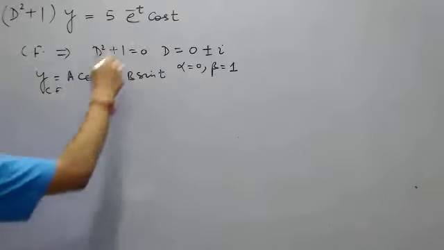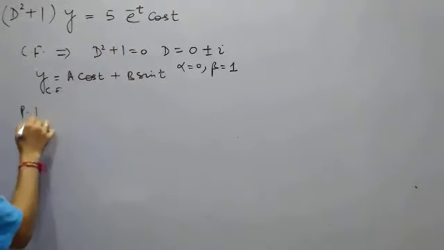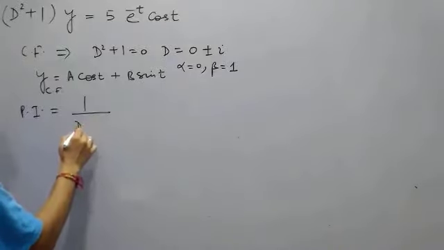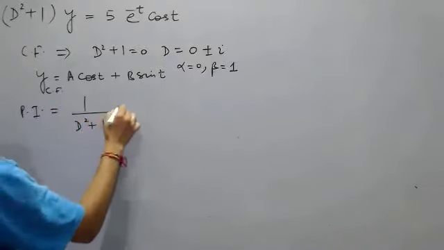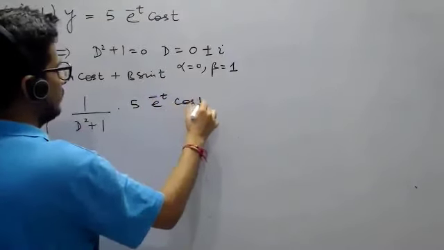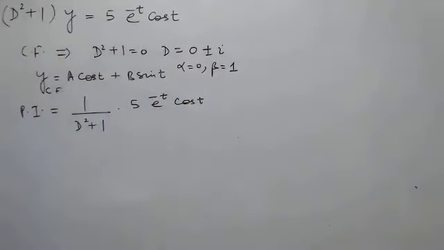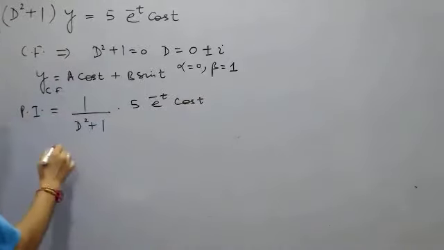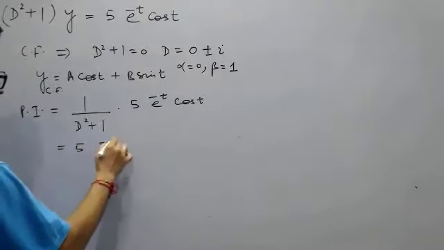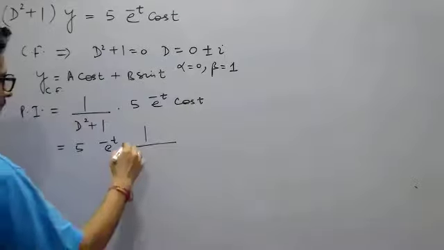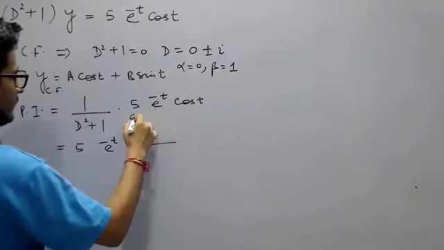And what will be the particular integral part? That will be 1 upon d square plus 1 into 5 e to the power minus t cos of t. Correct? Now here two functions are multiplied. So what I am going to do is I am taking e to the power minus t outside, and what is the value of a here?